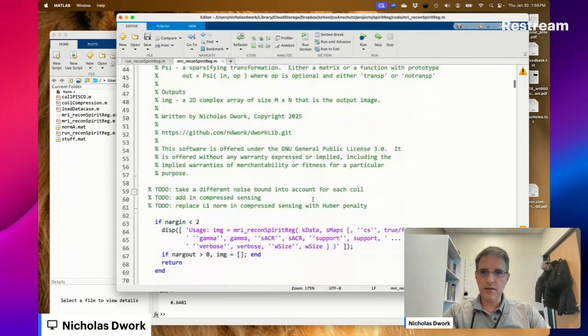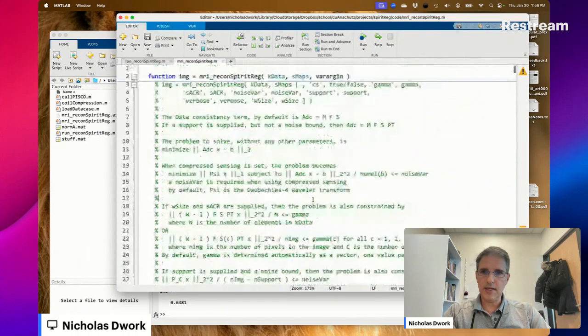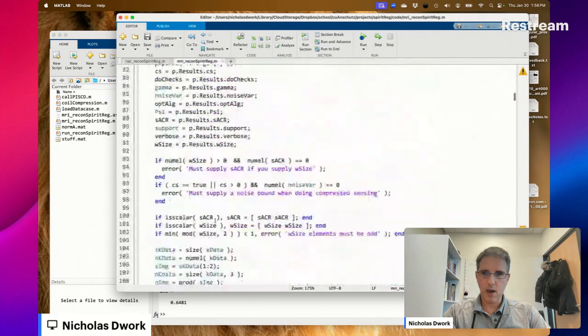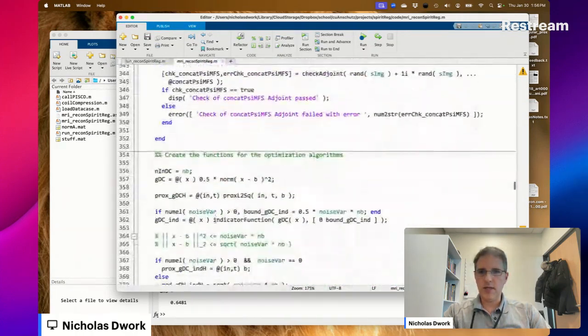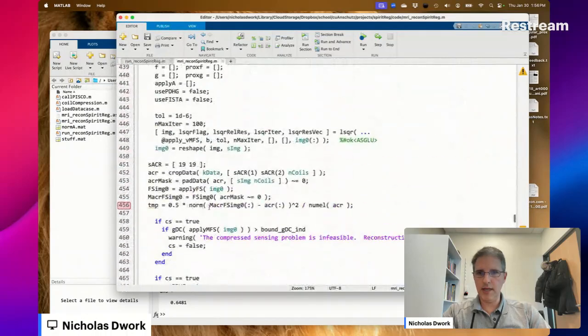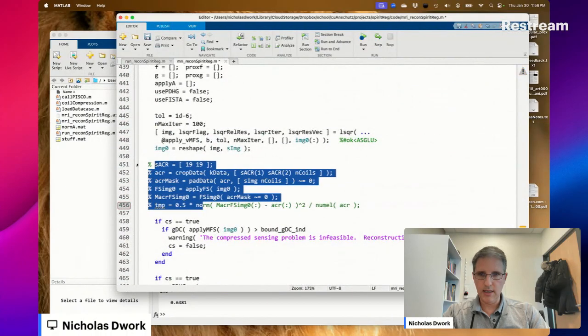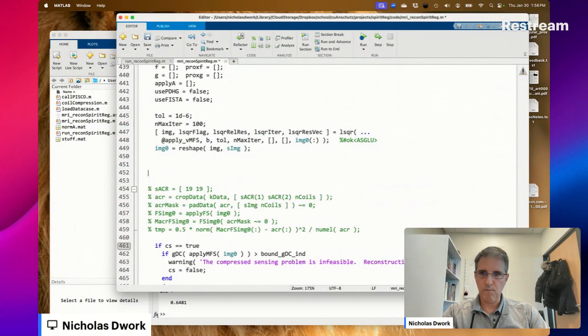Actually, I don't think we need the auto-calibration. We could just calculate this, right? So let's see how that goes. I was tinkering around a little bit with it and I got something. So let's see what happens.